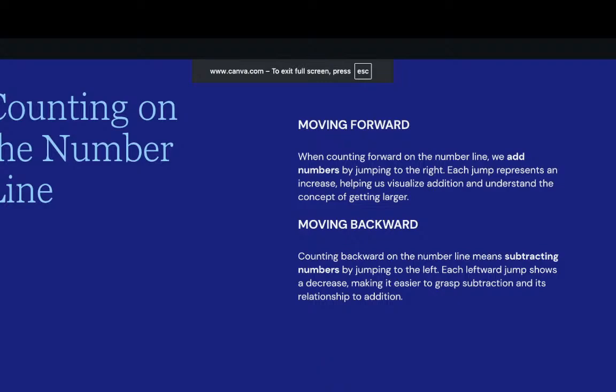So counting on the number line, how does it work? When we move forward on the number line, we add numbers by jumping to the right. Each jump represents an increase of the number, helping us understand addition and the concept of getting larger. So what does that mean?